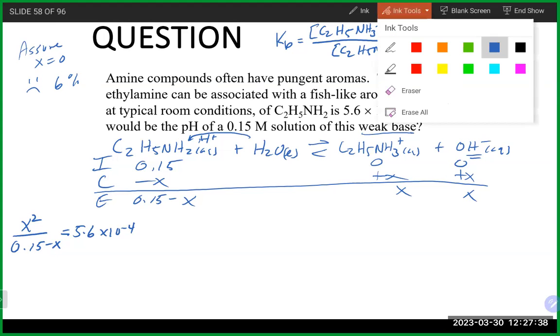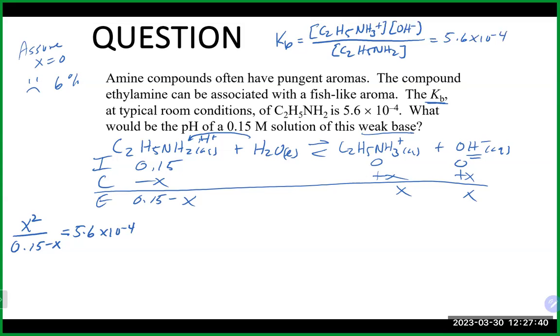So that's going to require us to multiply what's on the bottom right to the other side. And if we do that, that gets us x squared is equal to 0.000084 minus 5.6 times 10 to the minus 4 x. We're going to bring everybody to the same side.